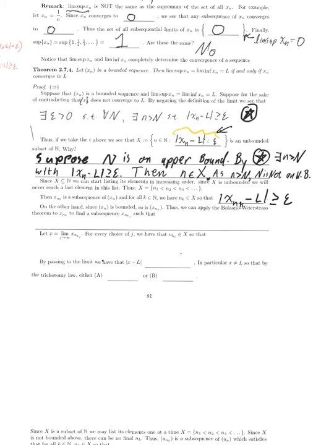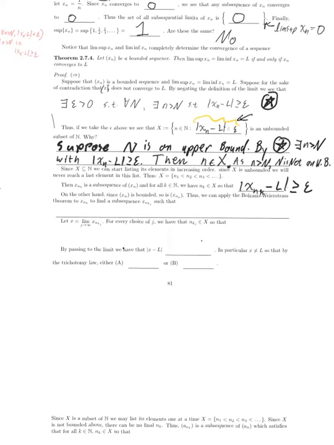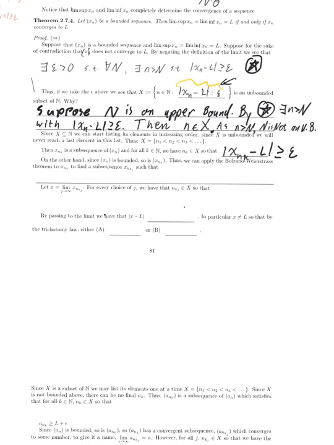So x sub n is bounded, so the subsequence x sub n sub k is bounded. A subsequence of a bounded sequence is itself still bounded. So I can apply the Bolzano-Weierstrass theorem to the sequence x sub n sub k to find a subsequence of that subsequence. So there's a subsequence x sub n sub k sub j.